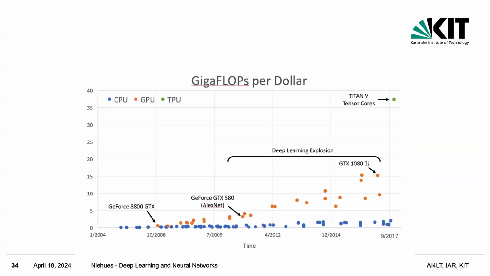That this is important, maybe is also shown here. This is on different architectures, how expensive it is to calculate some amount, so gigaflops per dollar. And you see that with GPUs, we are getting more efficient, and we see a clear rise that we can very efficiently calculate large models, while the rise in CPU is less.